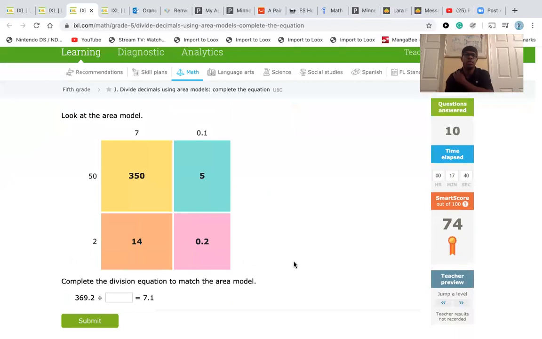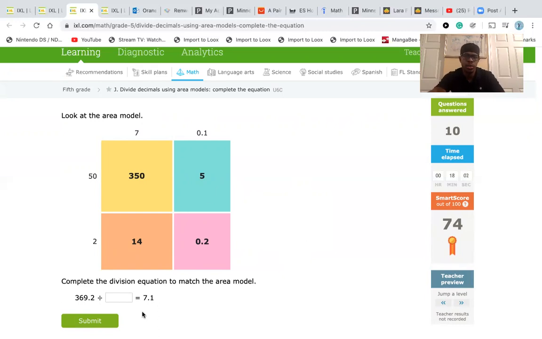I'll do this one and then we'll call it. So we have, look at the area model. We have 369.2 divided by something is equal to 7.1. So if you need time, I want you to pause it, try it yourself.